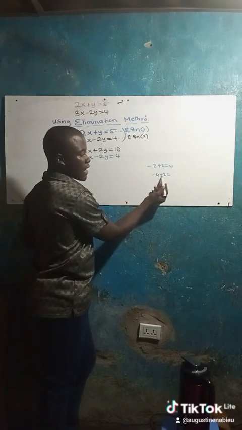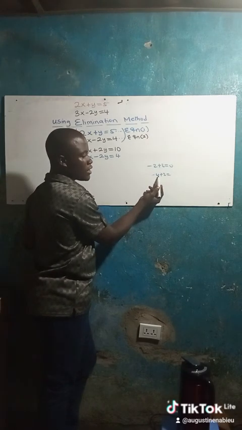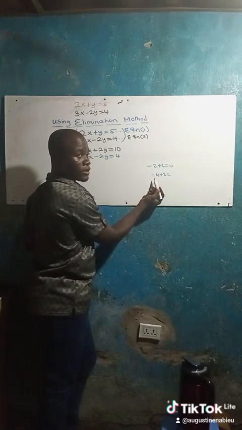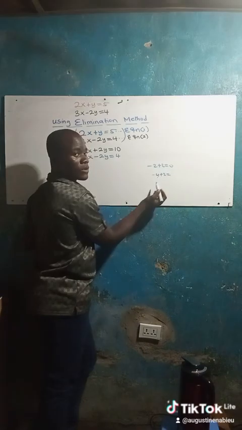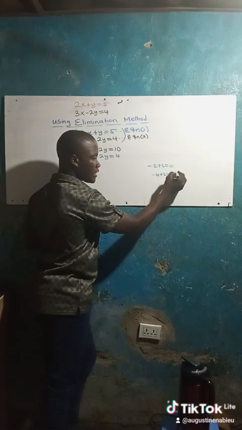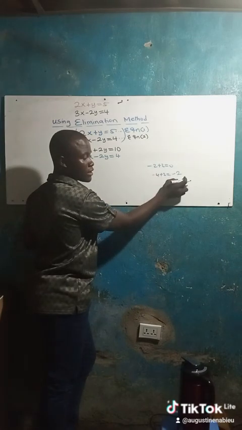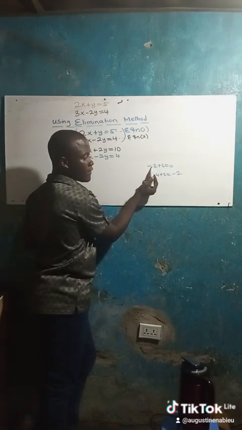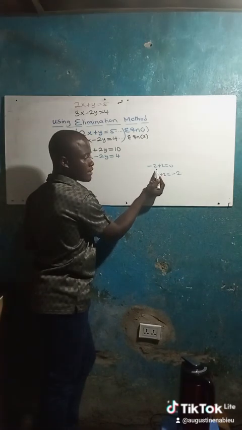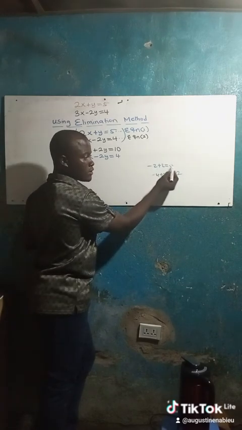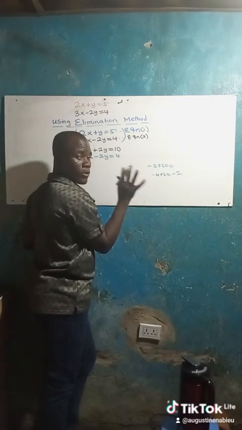Although the signs are different, the numbers are also different, so it cannot be equal to 0. This will be negative 2. The larger number maintains the sign. In our case, we have negative and positive, the signs are different, but the numbers are the same, so it's just equal to 0. I hope you understand this.